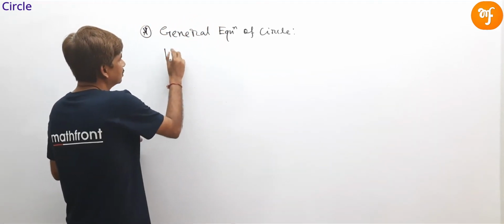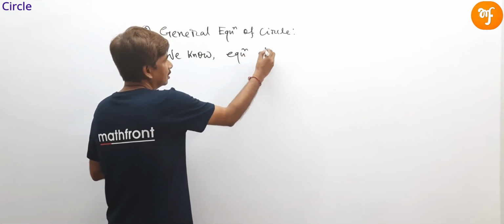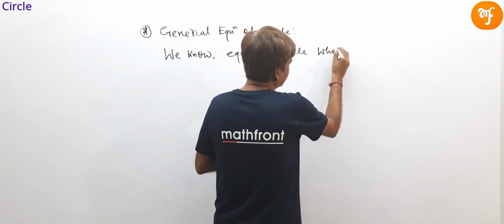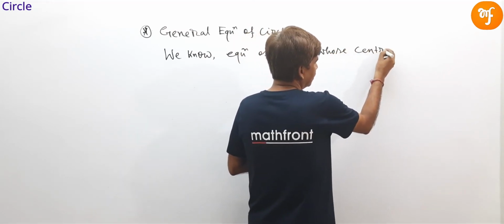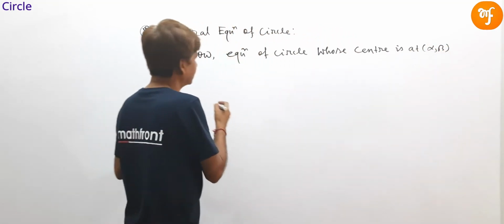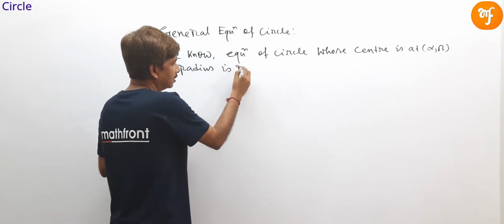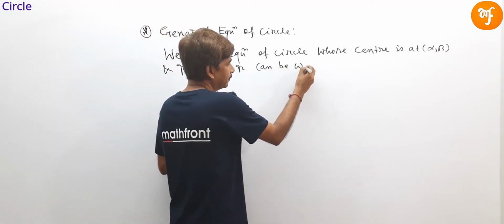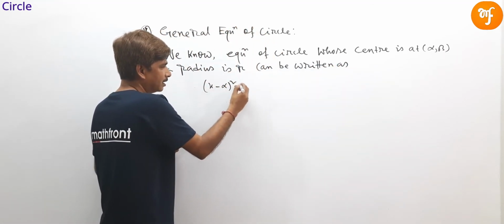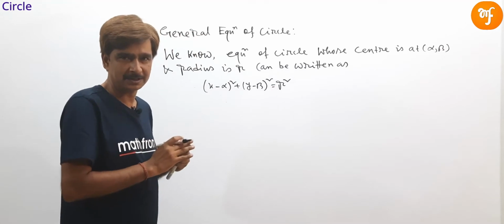So, we know the equation of the circle whose center is at alpha comma beta and radius is r can be written as x minus alpha whole square plus y minus beta whole square is equal to r square. We already proved it, is it? Just in the previous discussion.